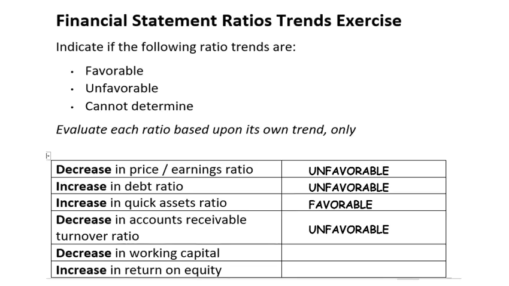The next to last one is a decrease in working capital. That can be defined as the value of your current assets minus your current liabilities. So if you used all of your current assets to pay off your current liabilities, what's left over in the current assets would be considered your working capital.